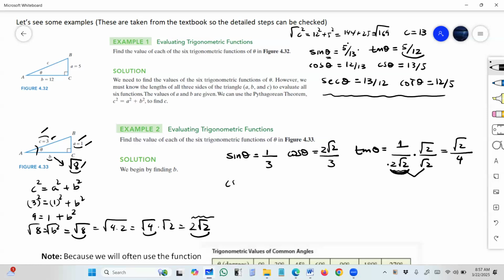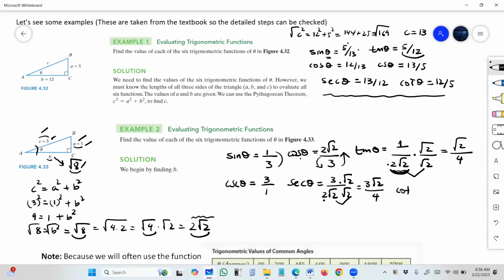And then cosecant theta is the reciprocal of sine. So 3 over 1 or just 3. Secant is the reciprocal of cosine. So flip the values. All right, so 3 over 2 radical 2, and then I have to rationalize it again. So 3 radical 2 over, this is 2 times 2, 4.